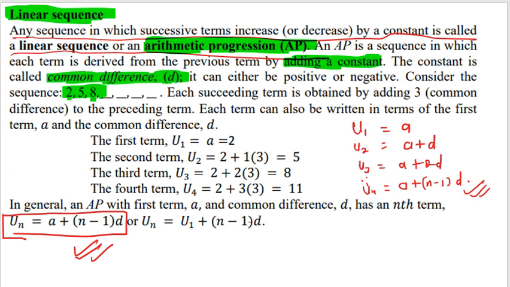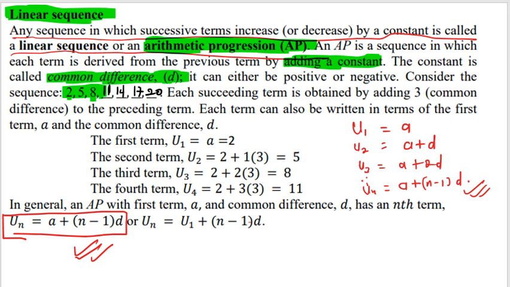Therefore, if I want the next term, I add 3 to 8 and get 11. Add 3 again, you have 14. Add 3, 17. Add 3, then you get 20. So that is a linear sequence or an arithmetic progression with a common difference of 3.